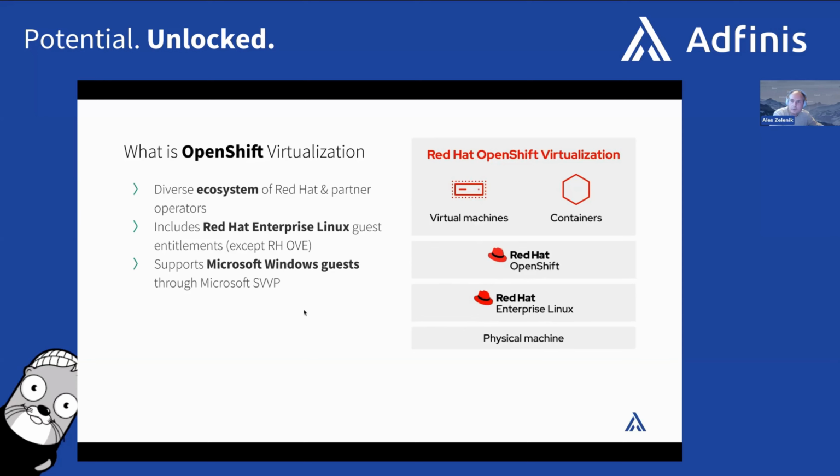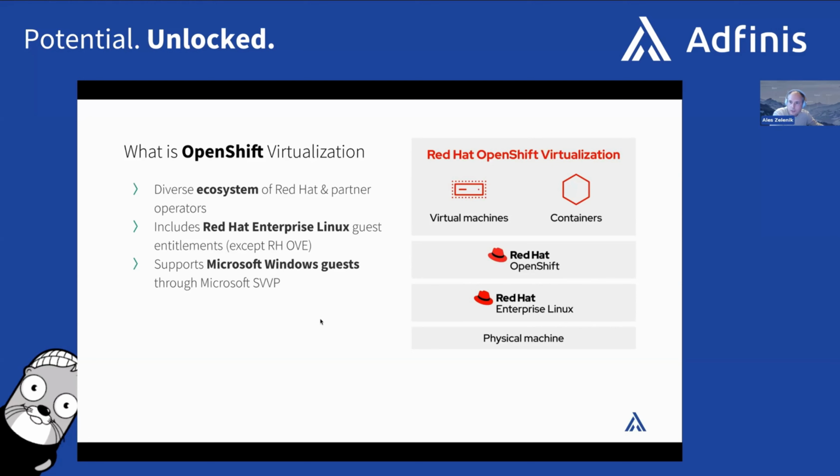And if you have familiarity with OpenShift already, virtualization is just another operator which exposes all that functionality, and it integrates seamlessly with all the other tools and solutions that you already have in place.